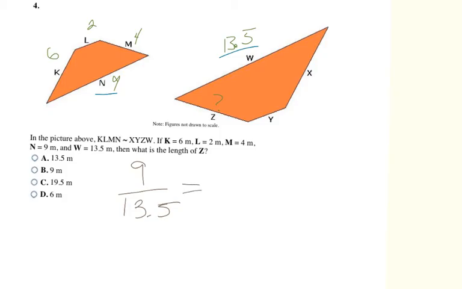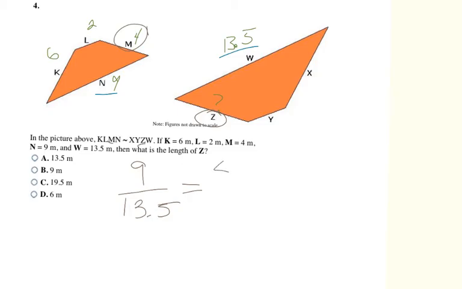And that's going to equal another side pair between the two shapes. So I'm looking for Z, and Z is the third letter, and M is the third letter. So that means Z and M are going to be corresponding side pairs. So I'm going to be working with 4 and my mystery number.